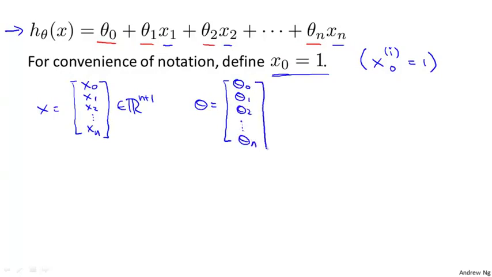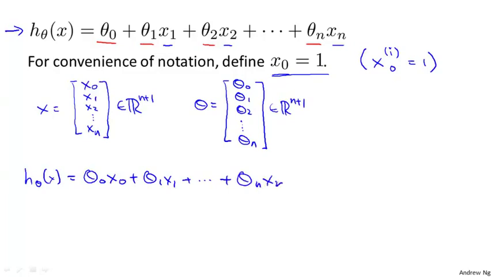This is another 0 indexed vector, so indexing starting from 0, that is another n plus 1 dimensional vector. So my hypothesis can now be written theta 0 x0 plus theta 1 x1 plus dot dot dot up to theta n xn. And this equation is the same as the one on top because x0 is equal to 1.